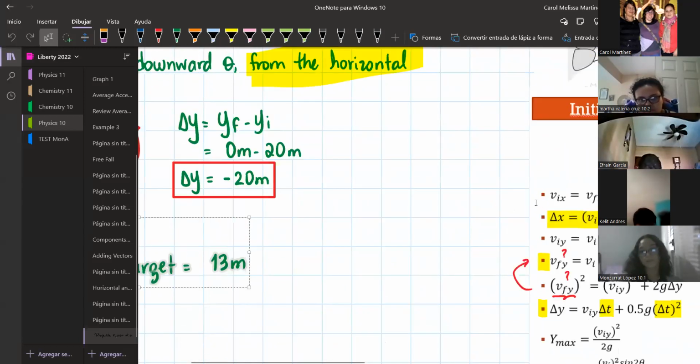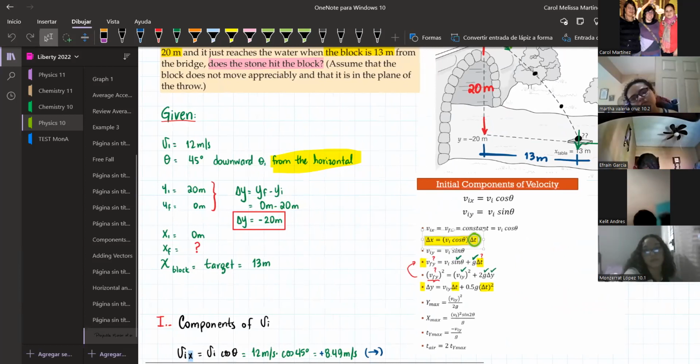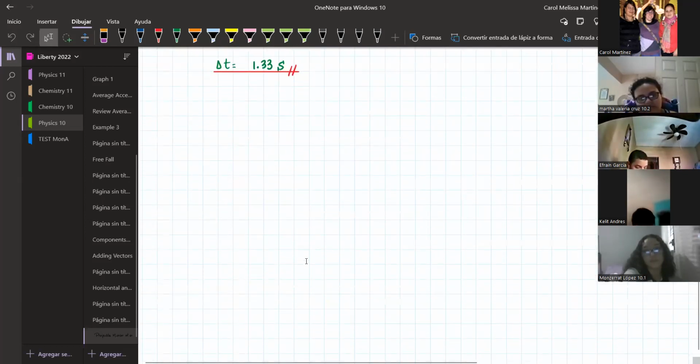So now that we have the time, we can apply the formula to find delta X. And what is delta X? Initial velocity in X times delta T. That's the formula I gave you, okay?